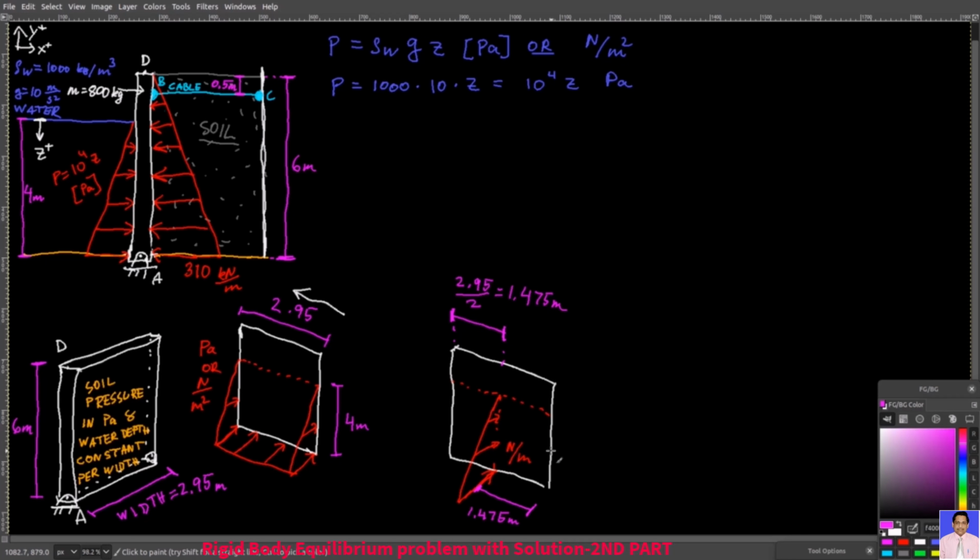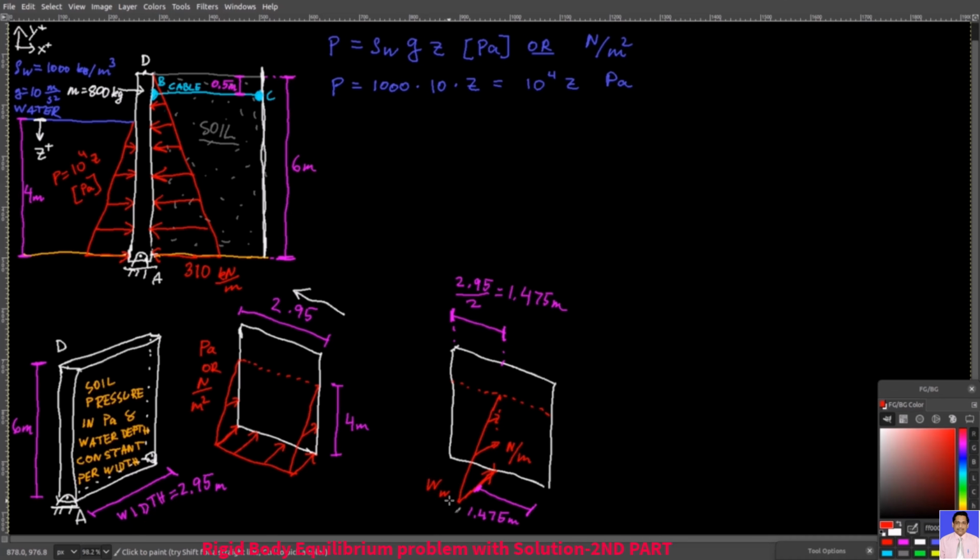That vertical line along which the pressure distribution per unit length acts, it's 1.475 meters from one side and from another side. To get that distribution per unit length, you only have to multiply this pressure in pascals by the width of the wall. So let's call it WW.